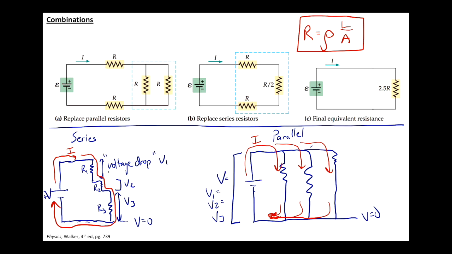The top: if I add more length of material that current has to pass through, I get more resistance. In other words, if I connect more resistors after each other, I'm essentially increasing the length of the resistor. It's the exact same thing, right? So this represents a series combination. More length of resistance, or more resistors in series, gives me more resistance.